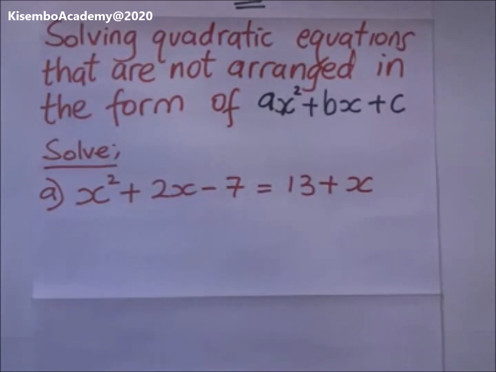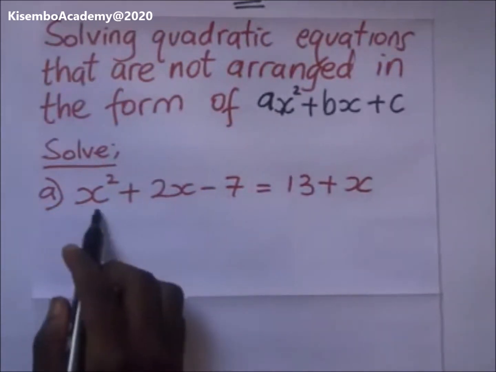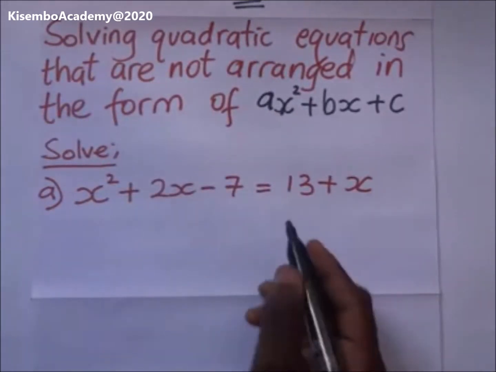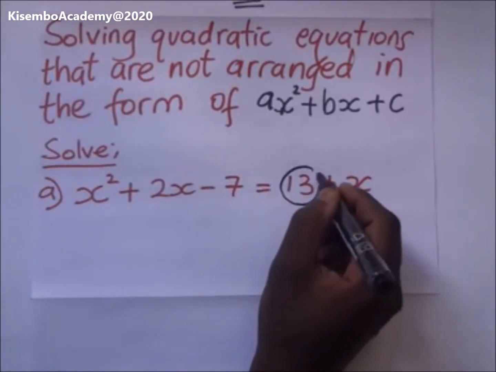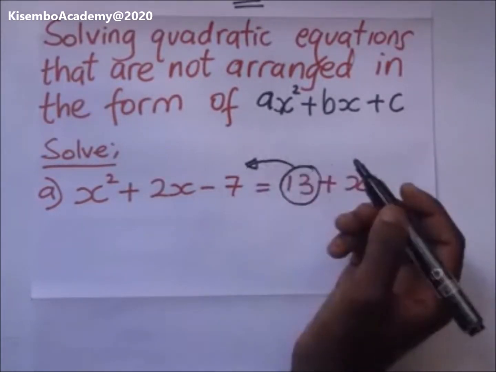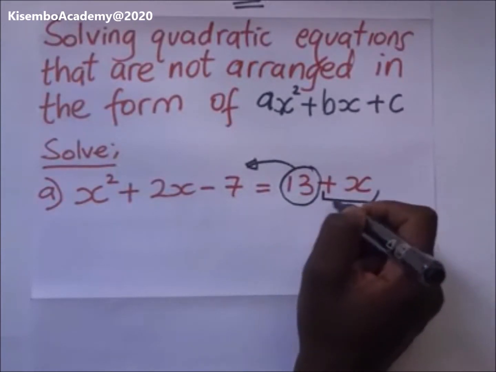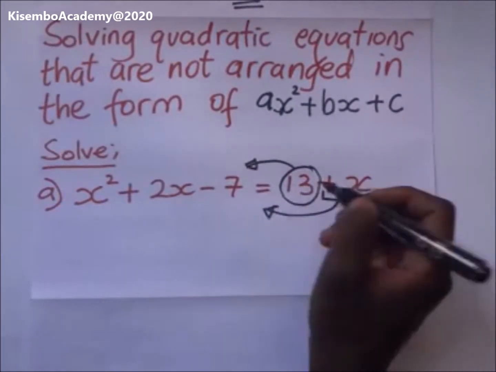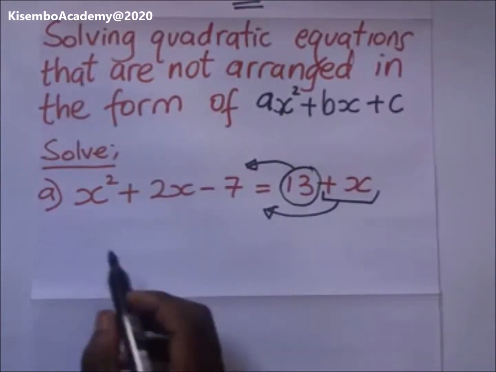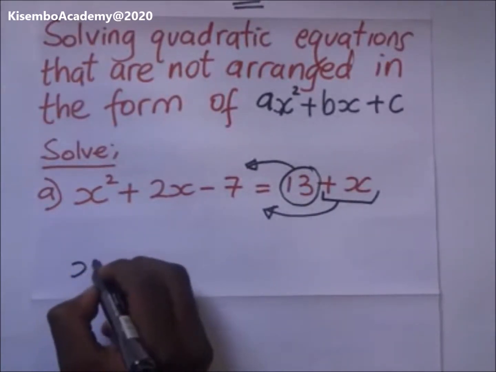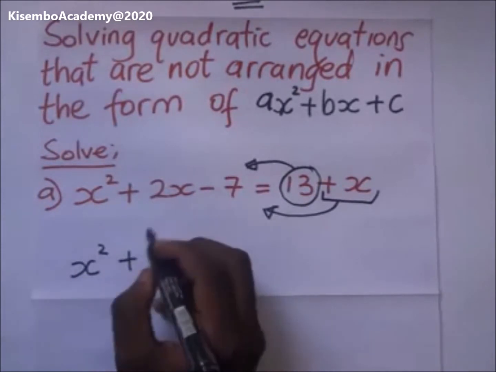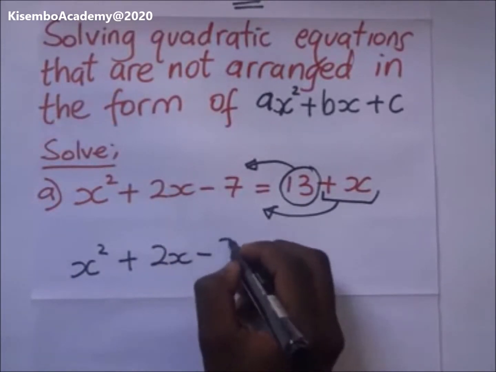Arranging it, we'll have to make sure that this equation is equated to 0. It means that this 13 is supposed to come over, cross that equal sign. Likewise, this positive x also is supposed to come over. So it's going to become x squared plus 2x minus 7.